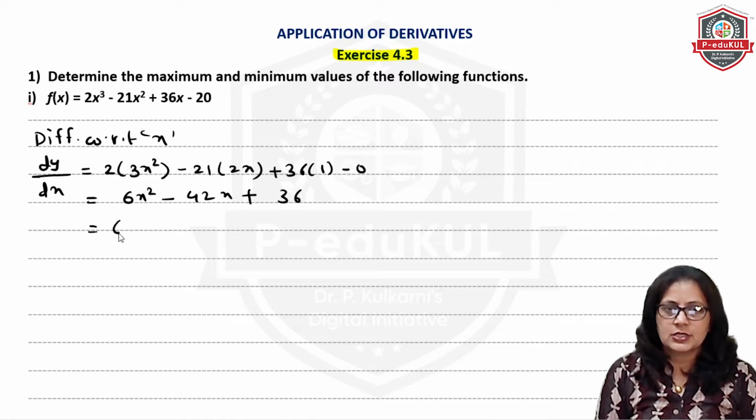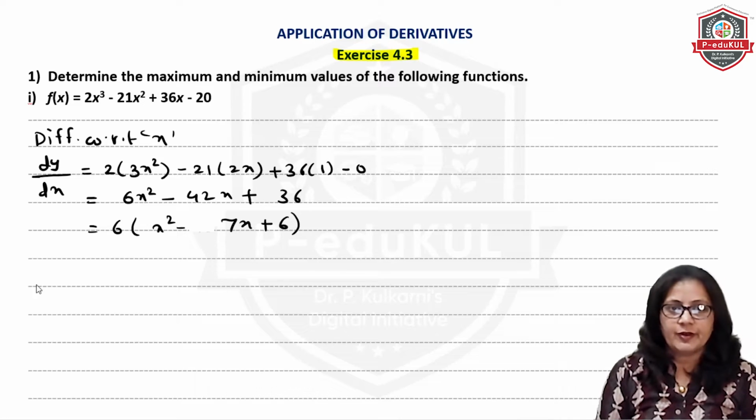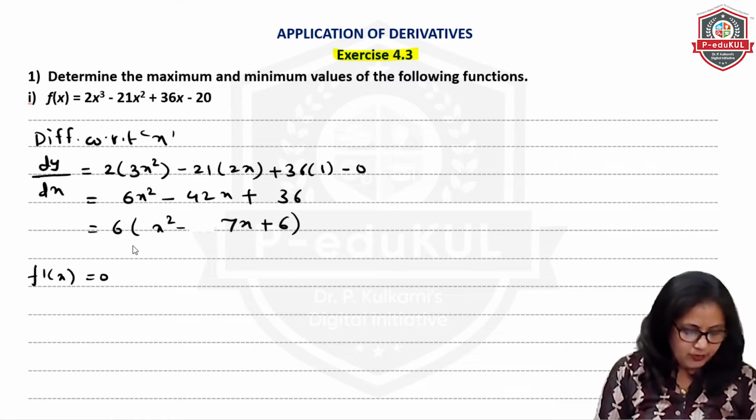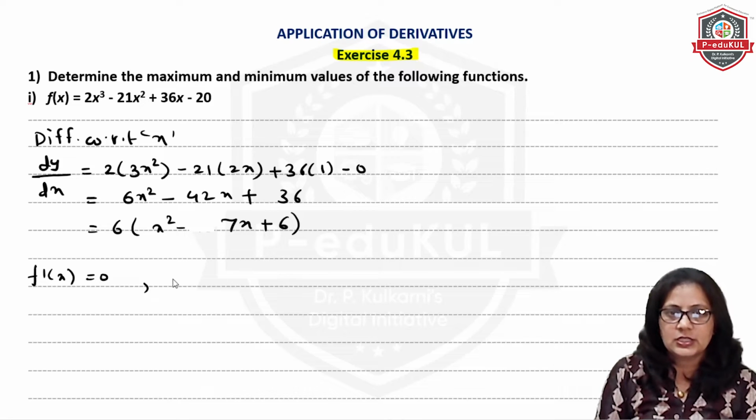If I take 6 common, this will be x square minus 7x plus 6. Okay. Now what is our condition? First we need to take f dash x as 0. This 6 is not equal to 0, we will consider it as a constant. So I'll consider x square minus 7x plus 6 is equal to 0.